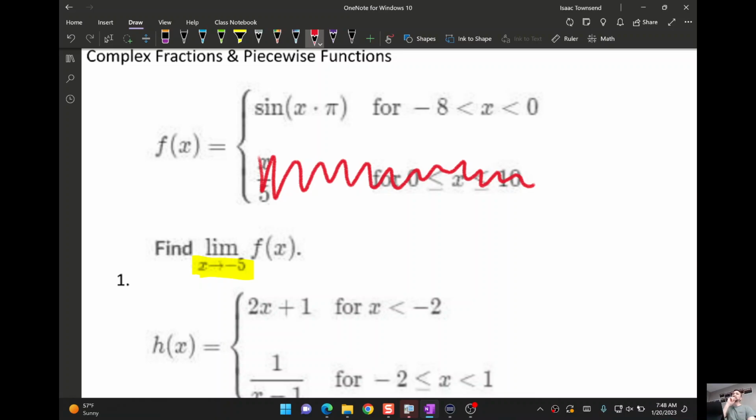This is why you can't just say, I'm always going to plug it into both and see what I get. You got to actually think about what you're doing. So from the left, you should be plugging it in here. And that's a little bit harder unit circle question, but it comes out to be 0. But the right is also here. A number just a tiny bit less than -5, and a number slightly bigger than -5.